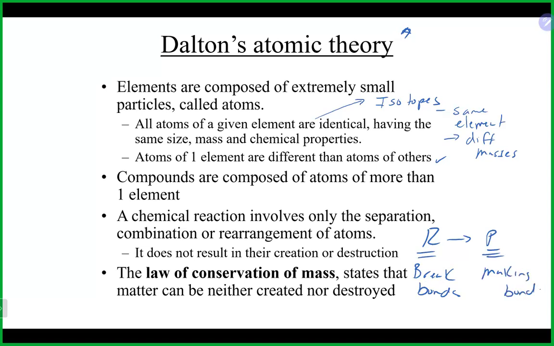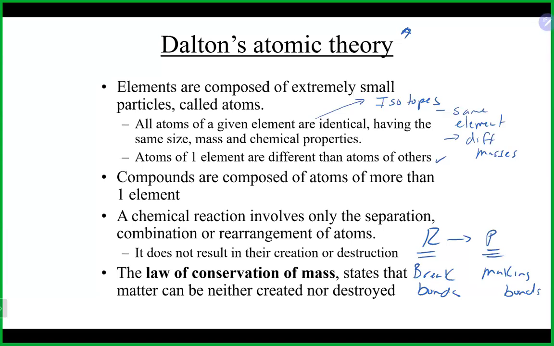We are only playing with electrons, which we will talk about shortly, and which are nowhere in the nucleus. They're on the outside of the nucleus. We do not change the elements. So if we started with 4 carbons, we will end with 4 carbons on the product side. They may be in different compounds, but we will not lose a carbon along the way.